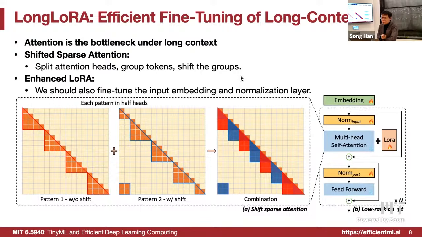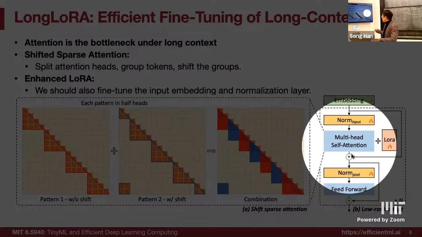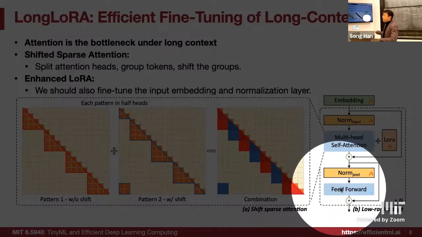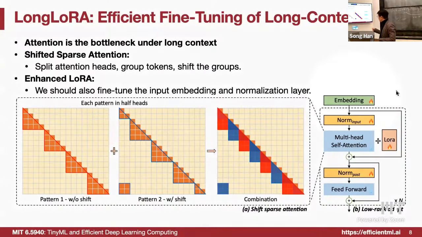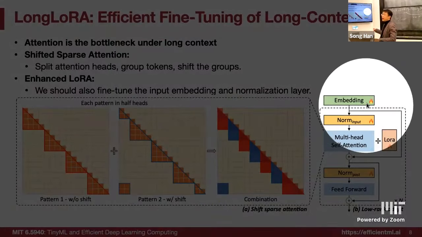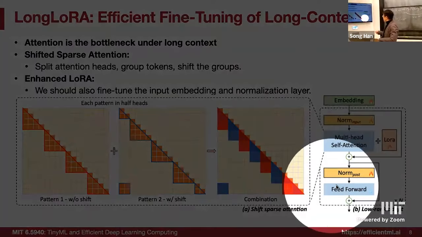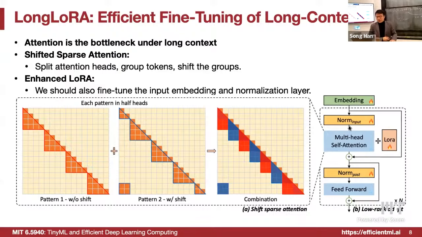So here we are also tuning the normalization layer: the norm before multi-head attention, the norm before the feed forward, and also the input embedding layer. The fire here indicates that we are tuning that layer. We avoided tuning the bulky FFN layer and the multi-head attention layer to save computation.